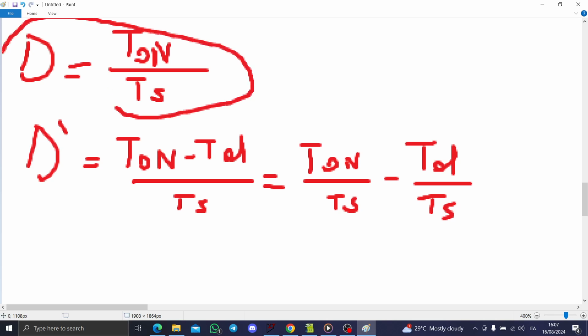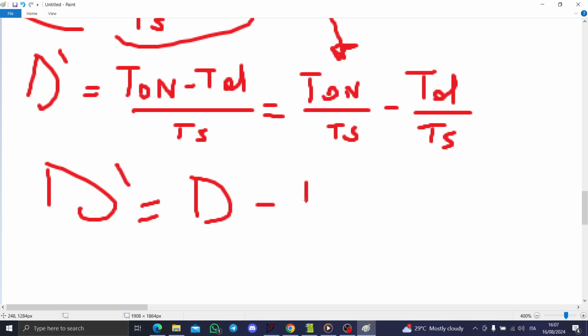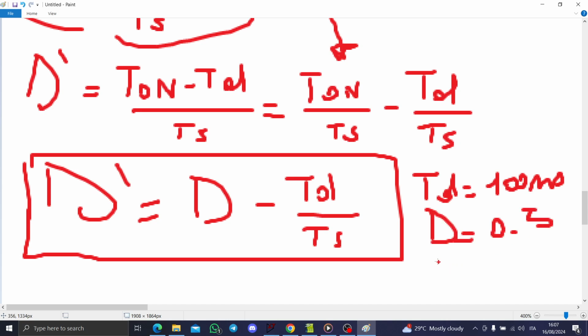But this is D. So D prime is equal to D minus TD over Ts. This equation tells you that when you put a TD equal to, I don't know, 100 nanoseconds, and D is fixed to 0.5, you will have D prime equal to 0.475, for instance.